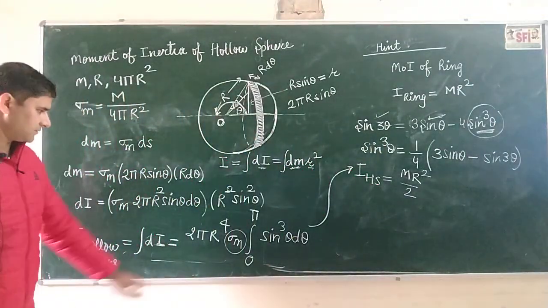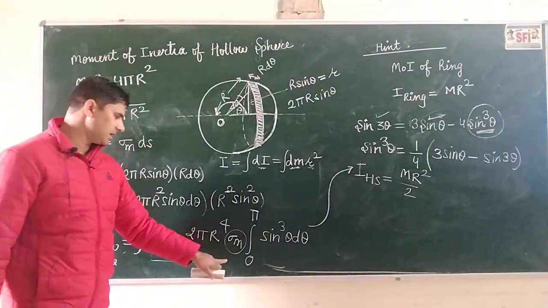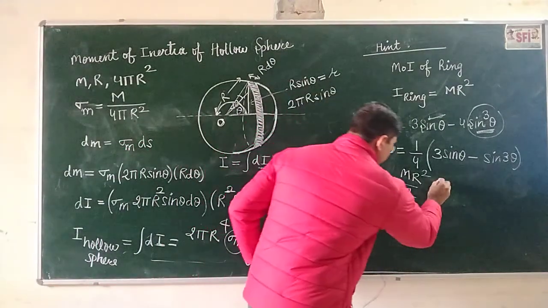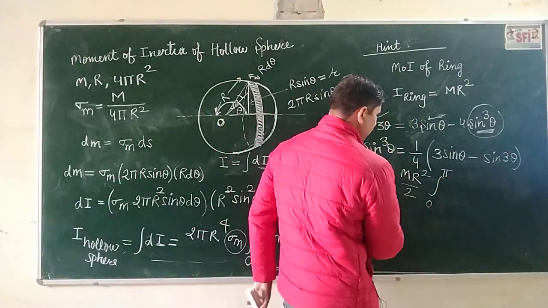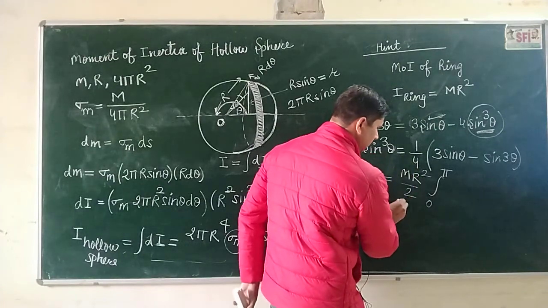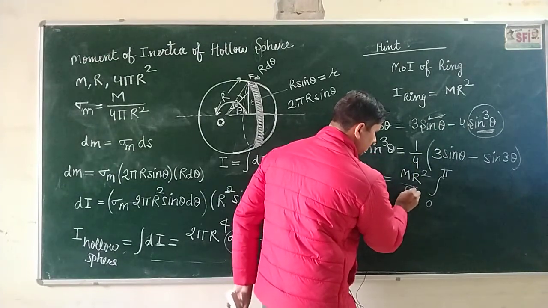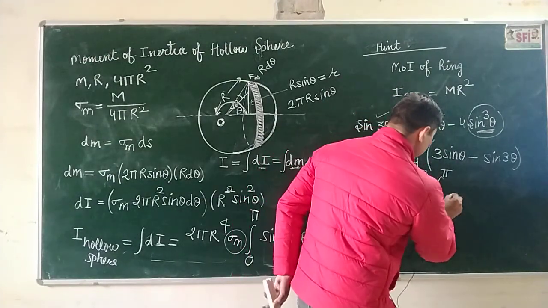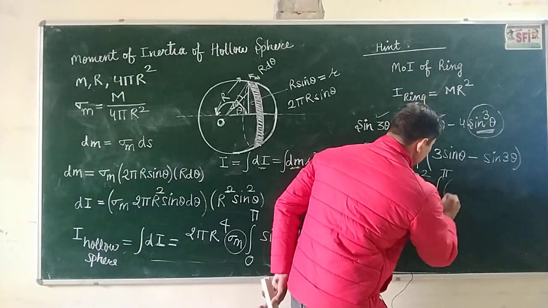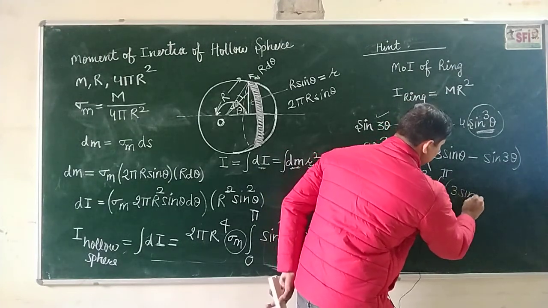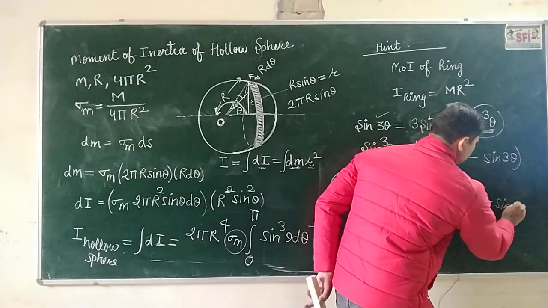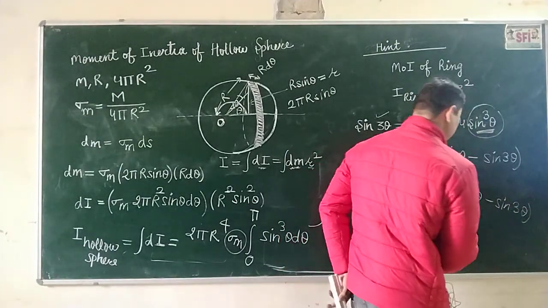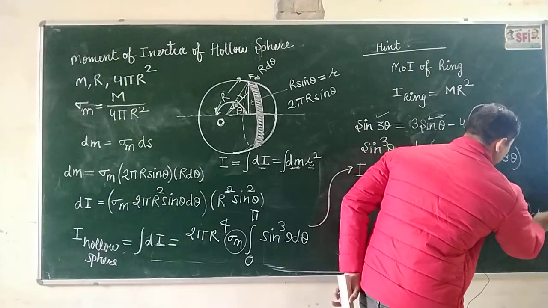So this factor is left if you substitute the value of sigma m, and here you will get integration 0 to pi. You have 1 by 4, I am taking it outside, so it will become 8. Then you have 3 sine theta minus sine 3 theta, bracket close, and then d theta.